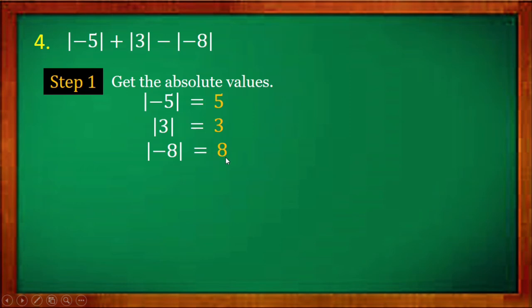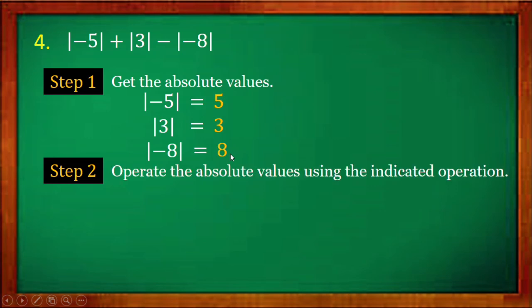So next thing to do after we get the absolute values of those numbers is to operate these numbers using the indicated operation. In example number 4, we have the operations addition and subtraction. So two operations ang gagamitin natin. So kunin natin yung mga nakuha natin na absolute values.